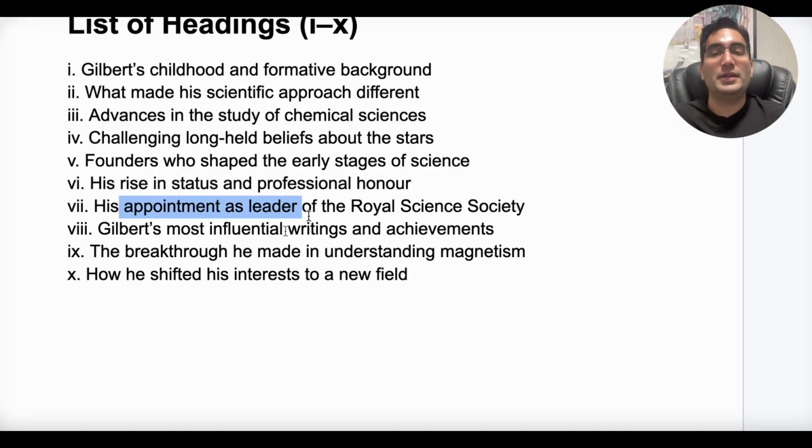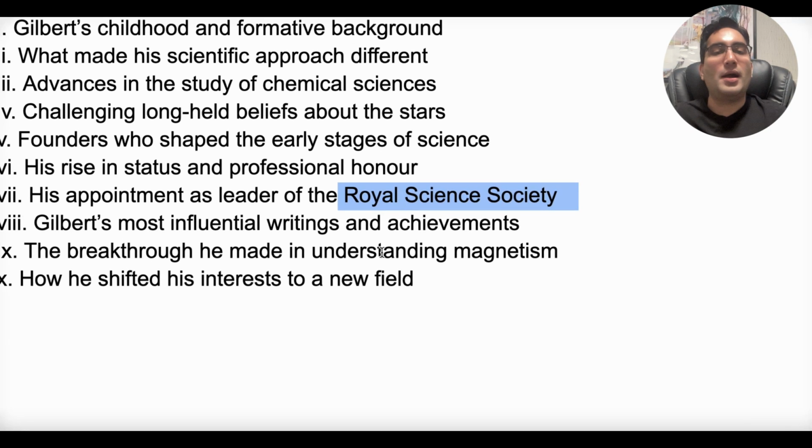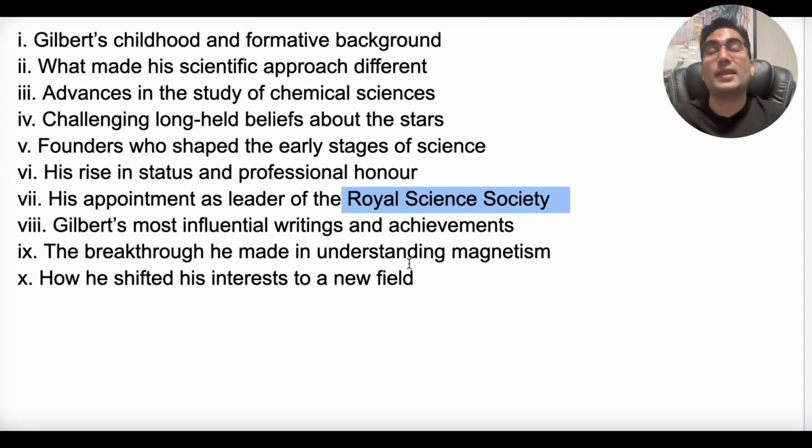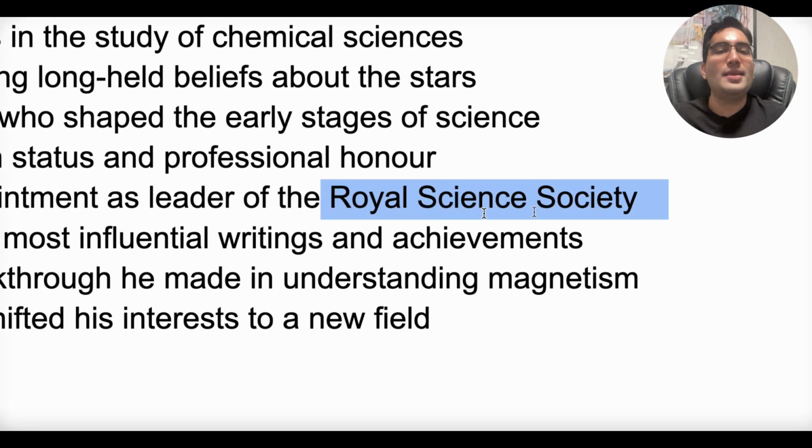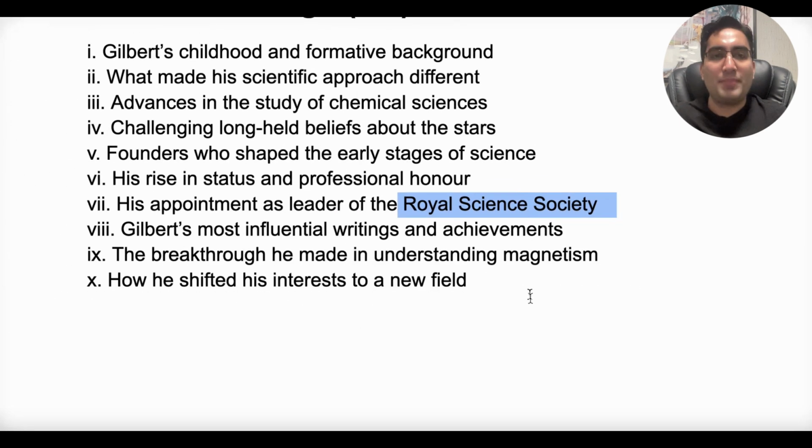Next, his appointment as a leader, so Royal Science Society, we did not see it. And by the way, words like Royal Science Society, you see RSS are capital. This is a title. Titles are specific keywords that cannot be paraphrased. So you will see exactly this term in the paragraphs. So that means it's easy to locate.